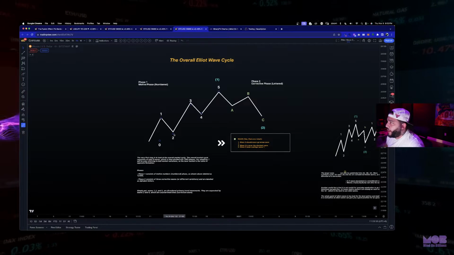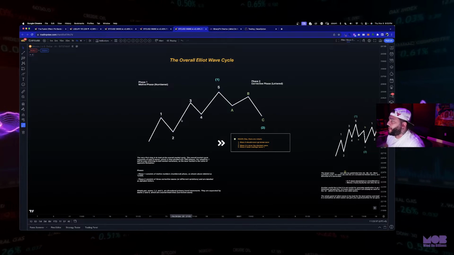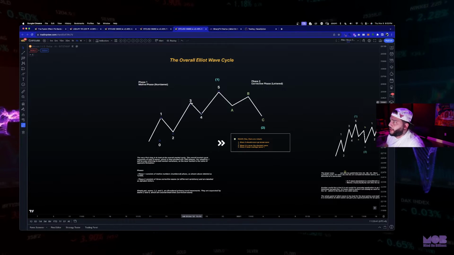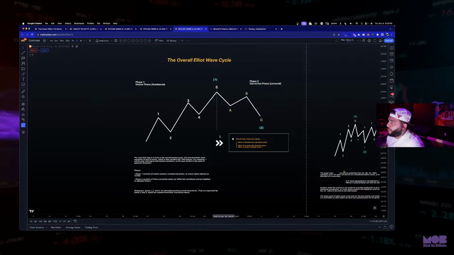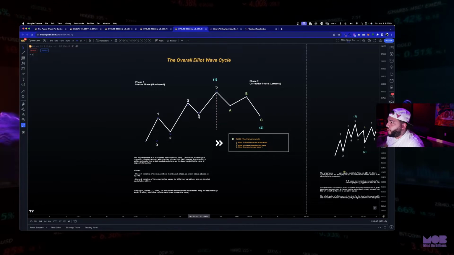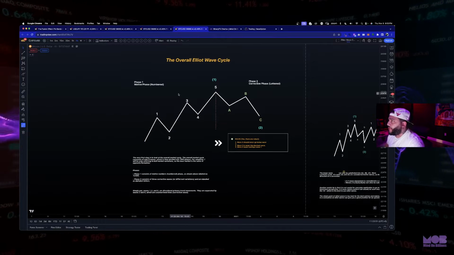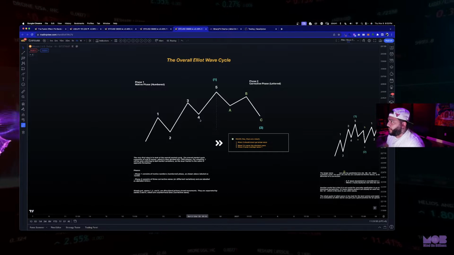Usually wave 3 is the bigger push in comparison to 1, or maybe even just slightly higher. Wave 4 never overlaps wave 1. So we look at wave 4, and this is not overlapping with wave 1 at all. So this is a true phase 1 motive phase Elliott wave cycle.